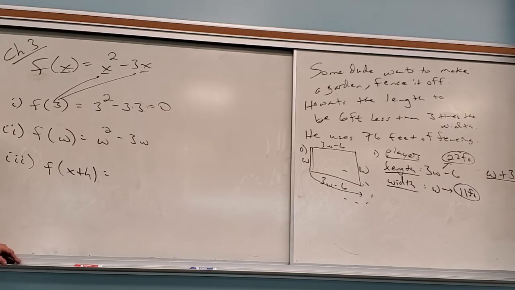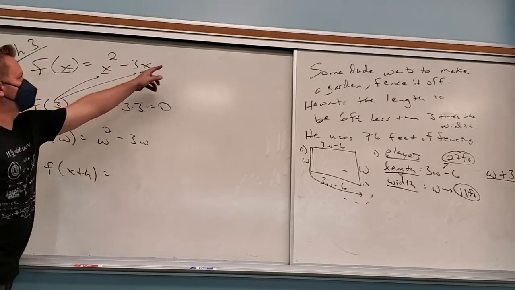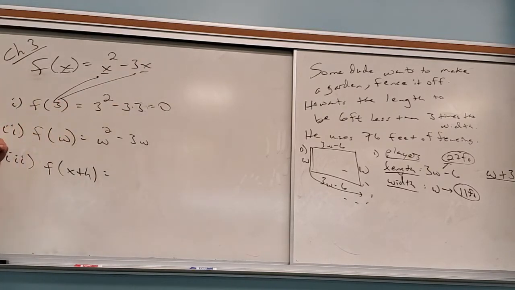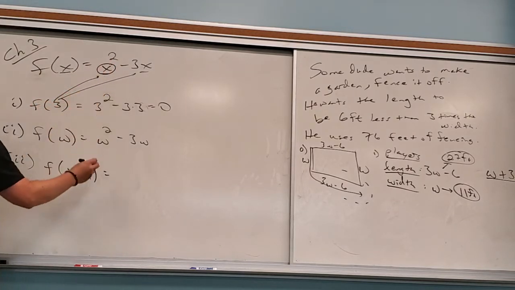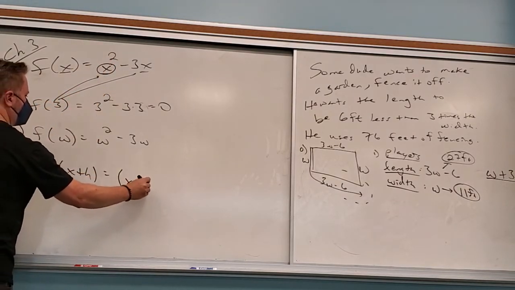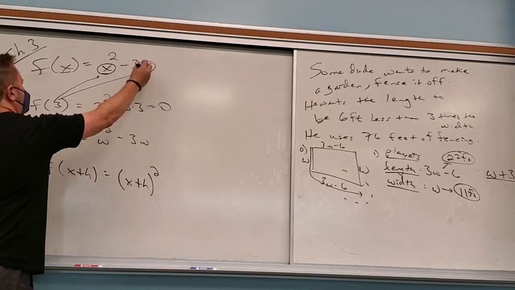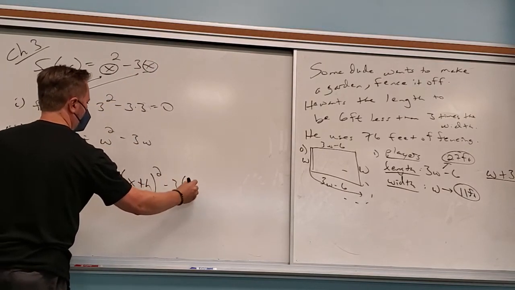There's a little bit of work after you put it in there. The biggest mistake I see is somebody just writes this and puts a plus h at the end. That ain't right. You have to replace this. What do you replace this with? X plus h. So you square it, and then replace that with x plus h.